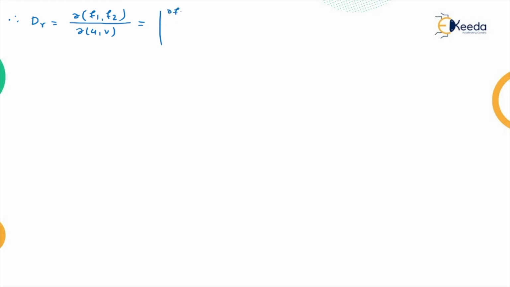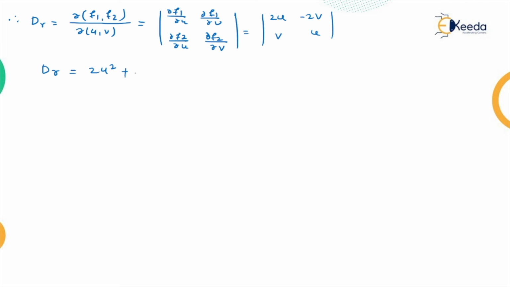I am writing the values of del f1 by del u, del f1 by del v, del f2 by del u, and del f2 by del v. Putting the values directly in this Jacobian: del f1 by del u is 2u, del f1 by del v is minus 2v, del f2 by del u is v, and del f2 by del v is u. So the denominator is equal to 2u into u, that is 2u square, plus 2v square.